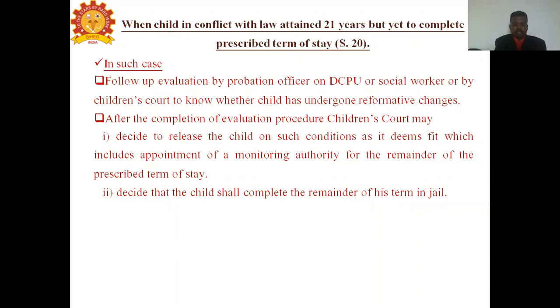After the completion of the evaluation procedure, the children's court may decide to release the child on such conditions as it deems fit, which include appointment of a monitoring authority for the remainder of the prescribed term of stay. Otherwise it may decide that the child shall complete the remainder of his term in jail. So these are very important.